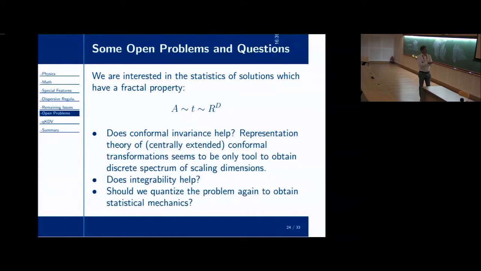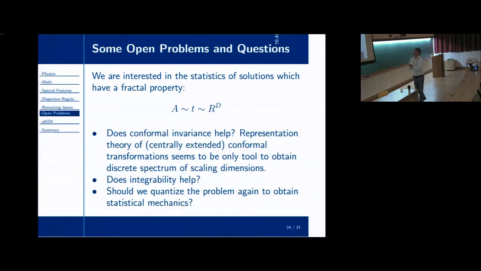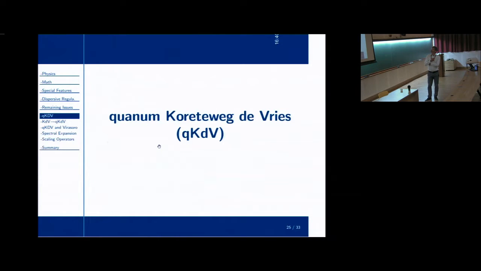And the question is also, so we have conformal field theory and we have integrability. We should ask ourselves whether there is some combination of integrable structure and conformal structure that may help us to solve the Laplacian growth problem and find the fractal dimensions. So a certain suggestion that we may offer is that one may look at the quantized version of the qKdV equation in order to make this connection.